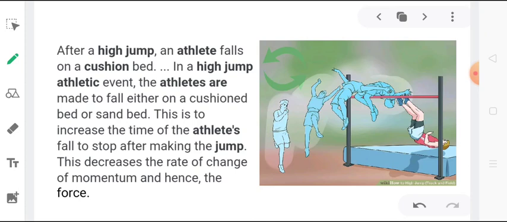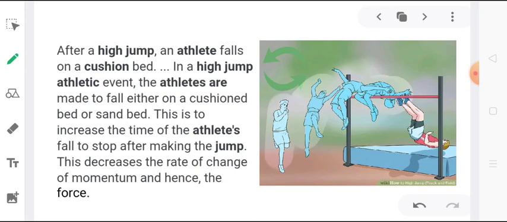But as soon as he hits the ground, his body instantly comes to rest. So the rate of change of momentum will be very high, because the time in which the body of the person is coming to rest is very small, and as such a huge amount of stopping force is going to act on the body of the athlete.